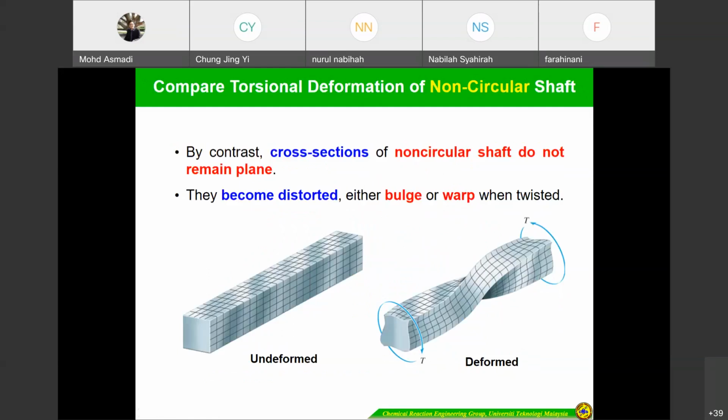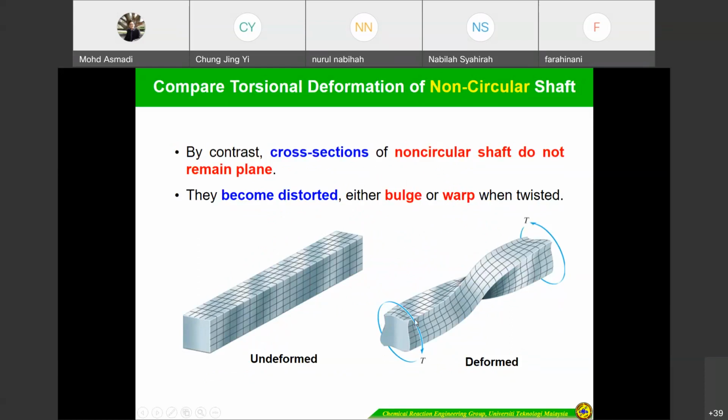Here the radial line is not straight because it follows the shape of the shaft, which is a square or rectangle. So it does not remain the same.